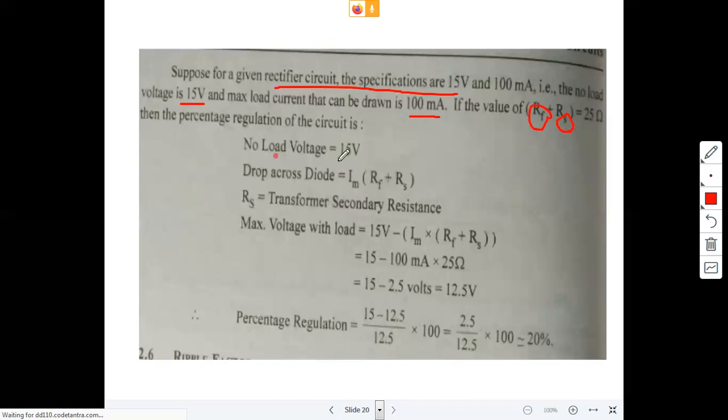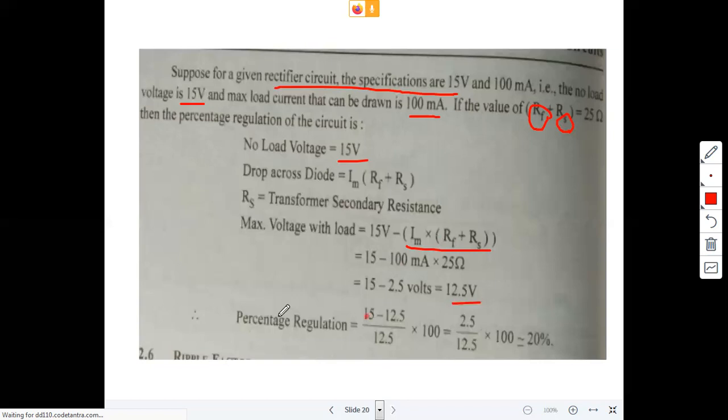Now observe, the no load voltage is 15 volts. Then you have to calculate the full load voltage. Full load voltage is the no load voltage minus the drop, Im into RF plus RS, and that is equal to 12.5 volts.